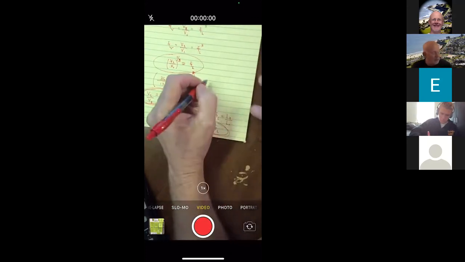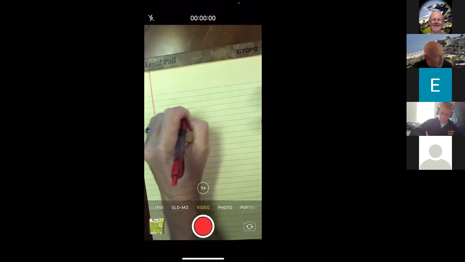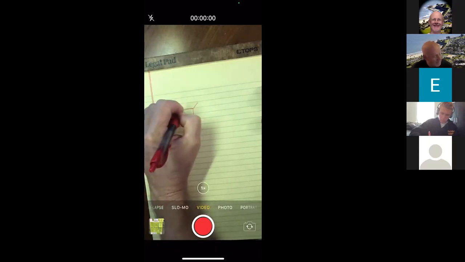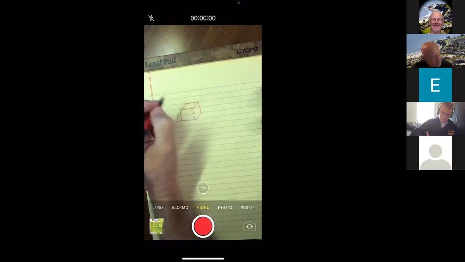So if you were to double the length, maybe I'll draw a picture here. I had an aquarium that looked like this. So here's my aquarium. This is my small aquarium, it's a cube. And I then said, well, let's get an aquarium that is increased by 2.